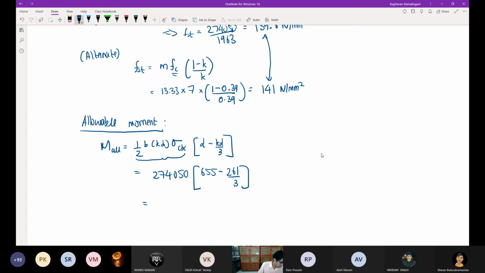Whatever answer you get will be in Newton millimeter. Please convert it to kilonewton meter and tell me. The conversion is divided by 10 power 6. That will give you kilonewton meter.